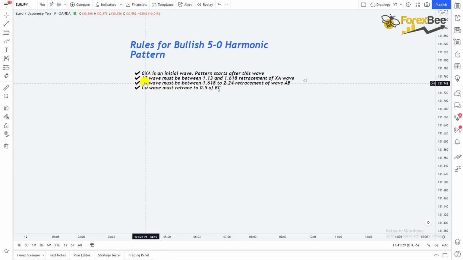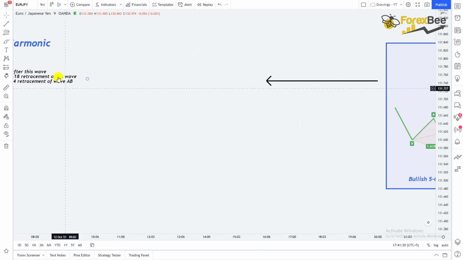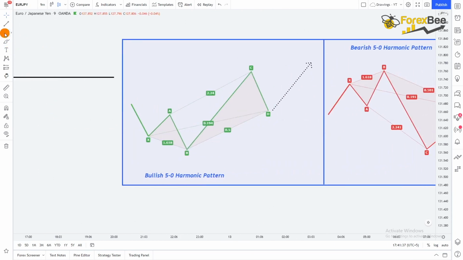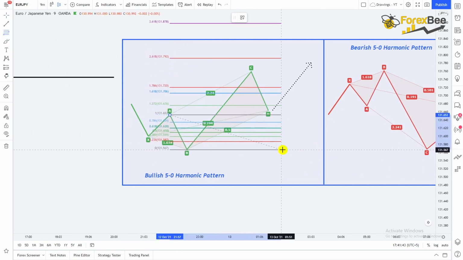Now we need to get the Fibonacci tool and draw an extension here. Let me get that Fibonacci tool, and if I draw from A to B, we will be able to see that this BC wave is at a Fibonacci level of almost 2.24, which is below 2.618.